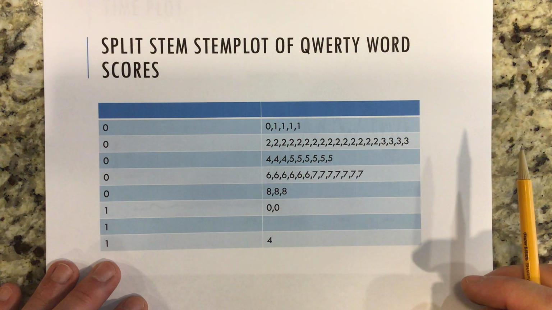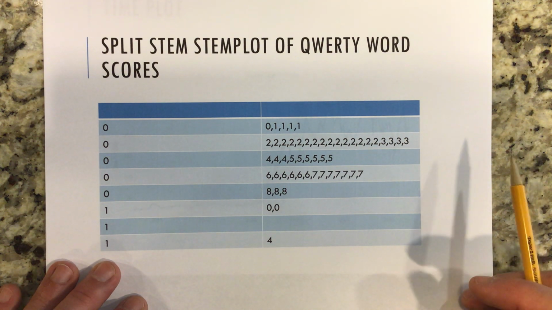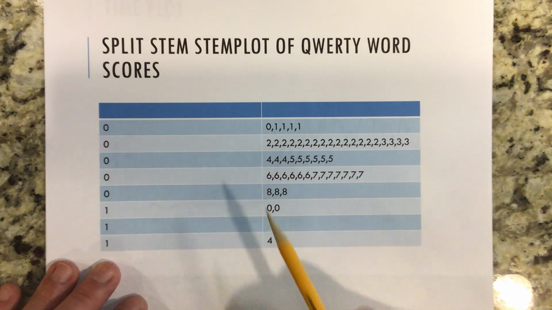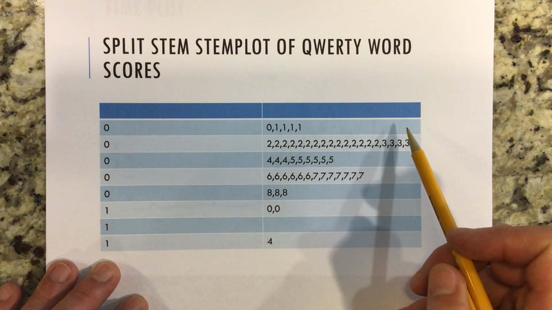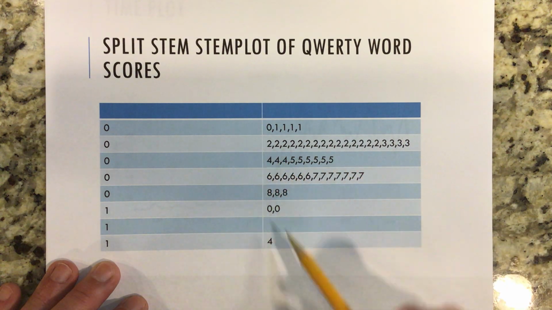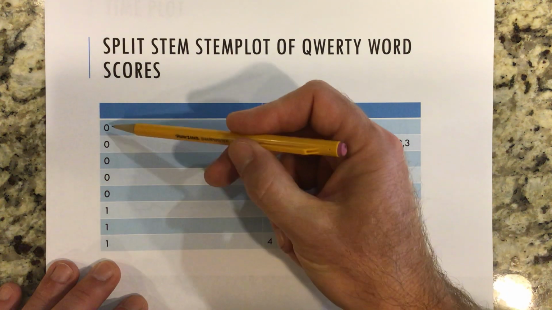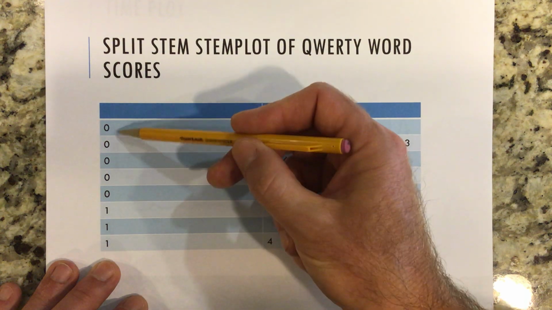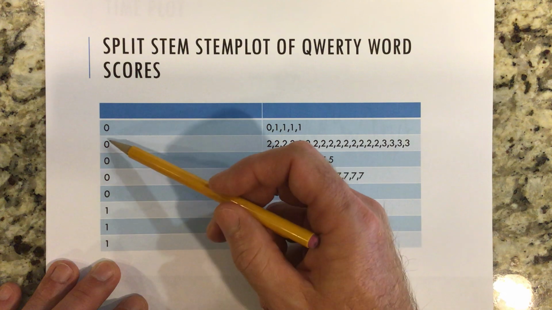Since our word scores were almost all single digits, if I don't use a split stem, I would just have one row with all my single digit scores, and then one row with my 3 values that were 2 digit, which isn't enough because we need 5 or more rows. These are like my classes.